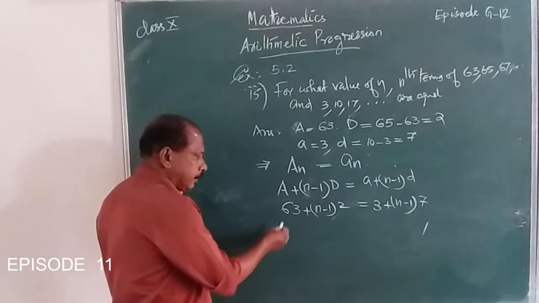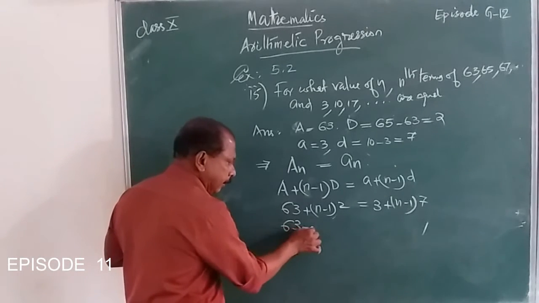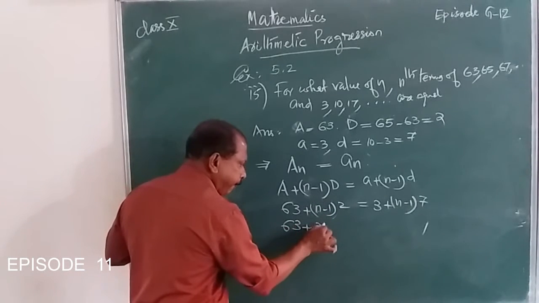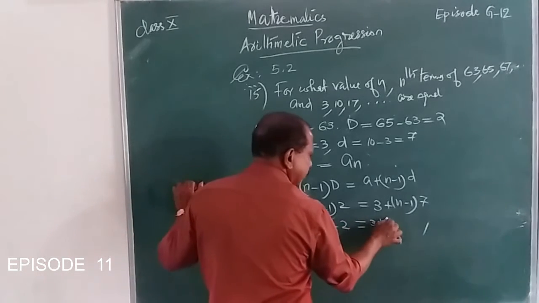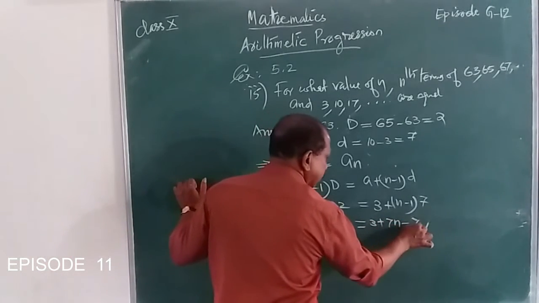Open the brackets: 63 plus 2n minus 2 is equal to 3 plus 7n minus 7.